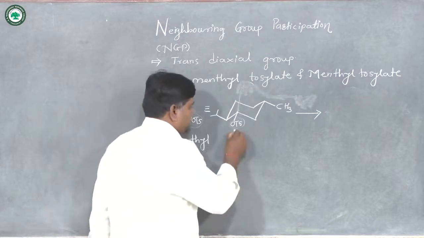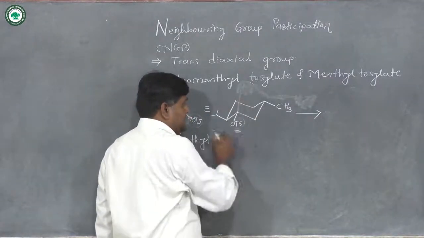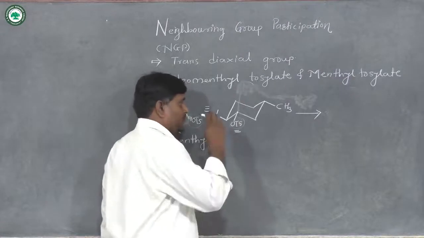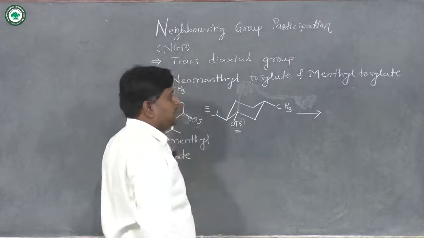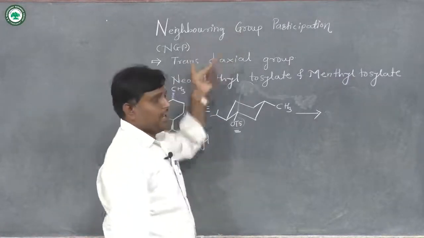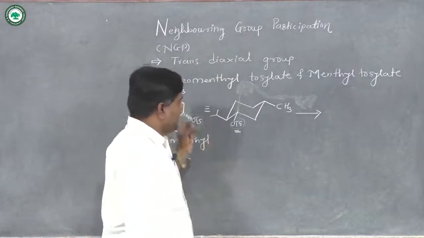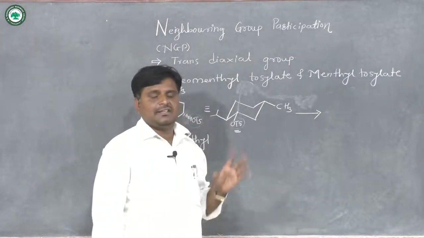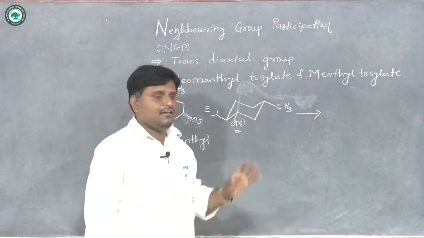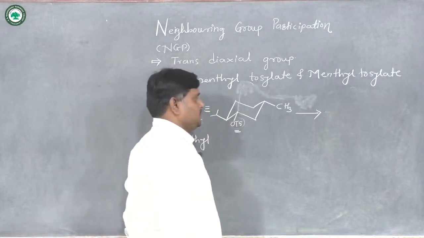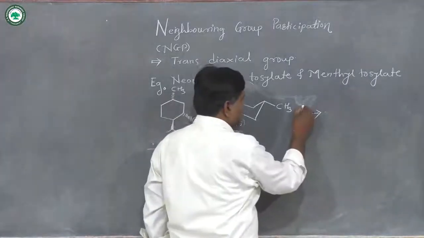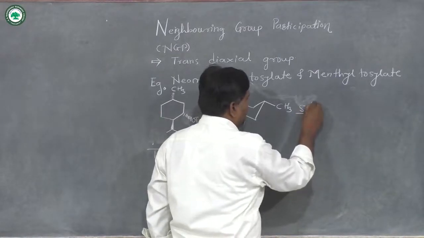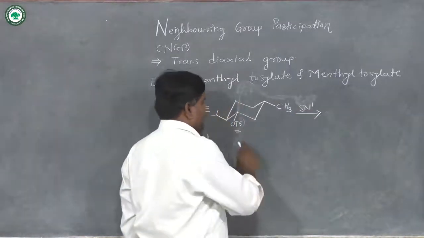So here we write, this type of molecule doesn't react using NGP, so it gives a product in acetic acid by only an SN1 reaction, okay. So here we have only the SN1 product.